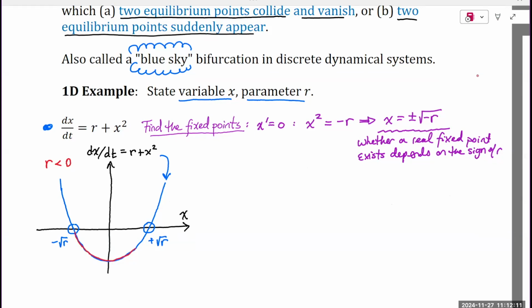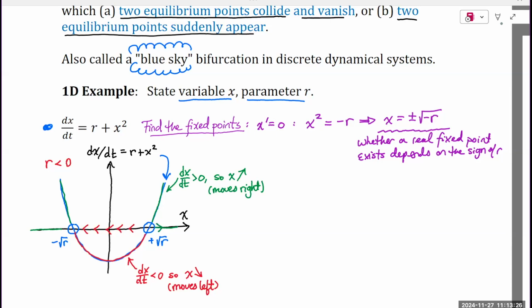We know we can see this clearly because where the curve falls below the x-axis, the derivative is negative and the solution is moving left. We indicate this with leftward moving arrows. Now, on the other hand, for x less than minus root minus r or greater than positive root minus r, our derivative is going to be positive, so our solution moves right. We indicate with rightward moving arrows.